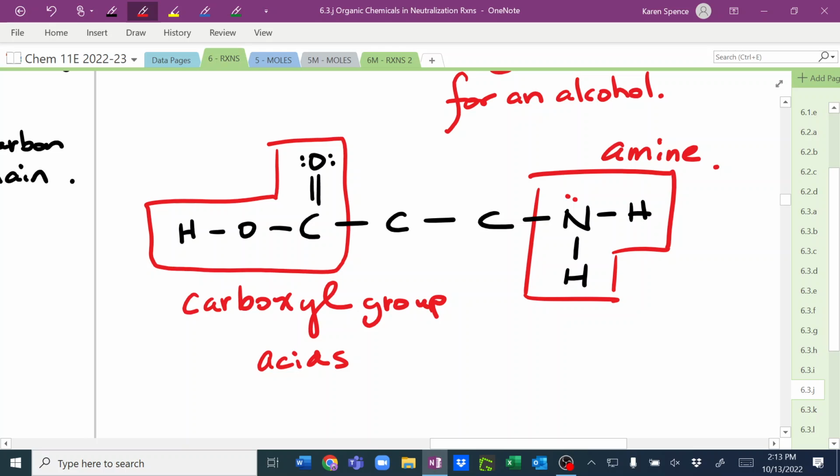Guess what we have? We have an amino acid. Now, I don't know if there's any that are that simple. I think there's other bits in there that are much more complicated, but that's the general idea of an amino acid, is that you have an amine group somewhere and you have a carboxyl group somewhere else. I can't remember what they're like. I've got a book here somewhere, but we could look that up some other time. Okay, so that's the idea of a functional group.